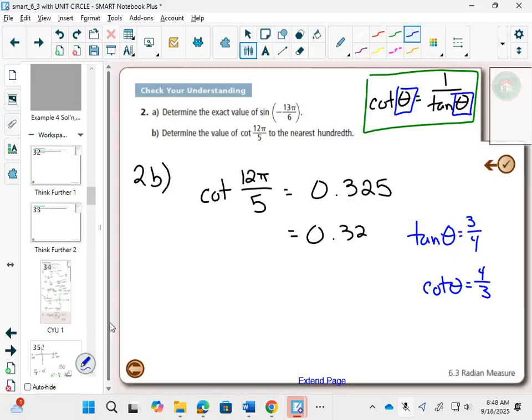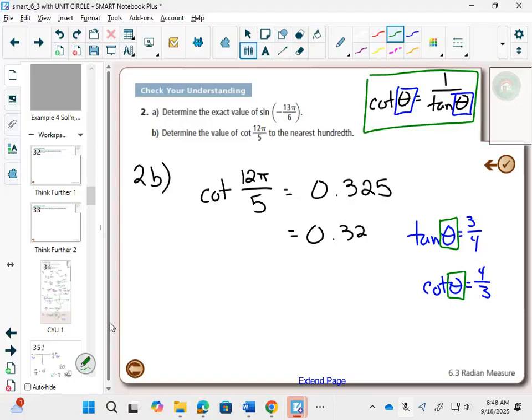So it's really easy to mix up two ideas here. Notice though, the angle stays the same. So angles always stay the same. The ratio flips. So if I have tan of theta is 3/4, then cotangent of theta is 4 over 3.